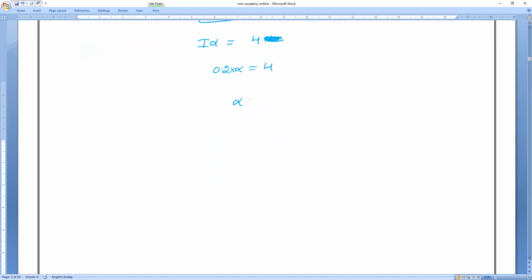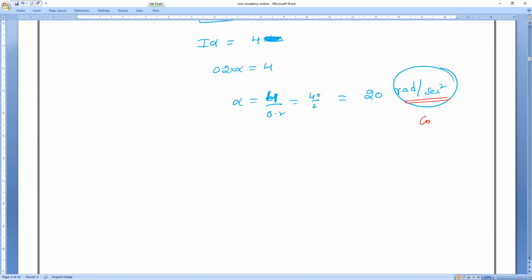From that alpha is equal to 4 divided by 0.2, which is 40 by 2, so alpha is equal to 20 radian per second square. Does the acceleration remain constant or vary? It remains constant. So if it is constant, you have to use what?